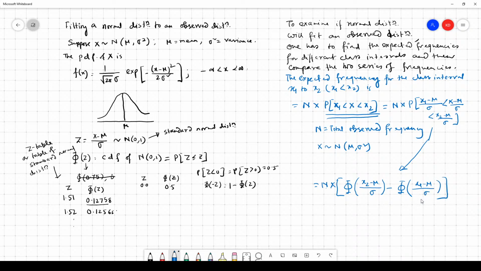Okay, so if mu and sigma both are known, then first we compute (x2 minus mu) by sigma and (x1 minus mu) by sigma, and then using the z table we find this expected frequency.